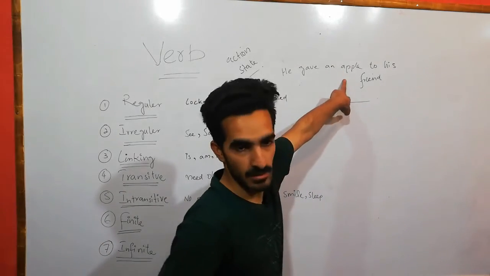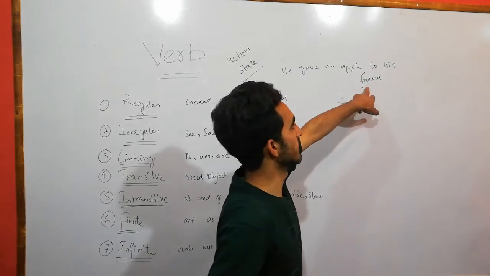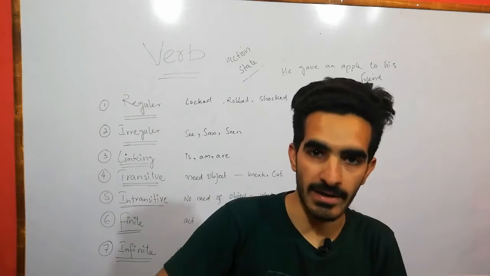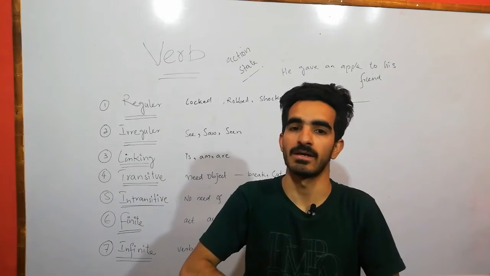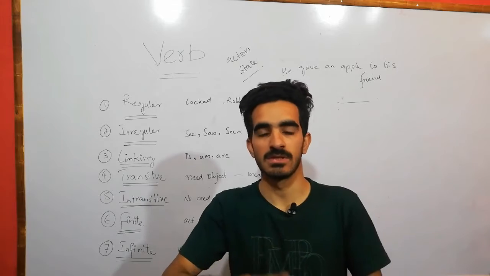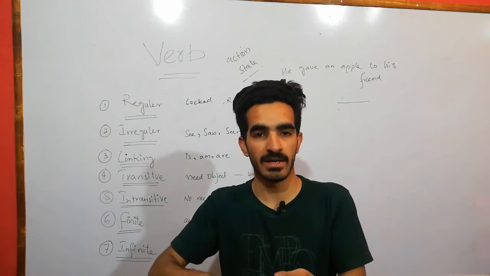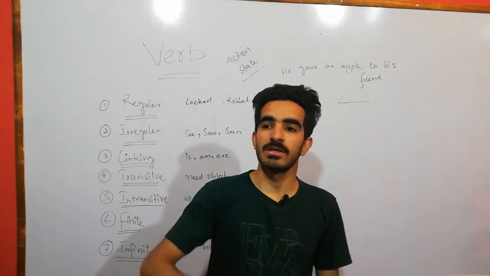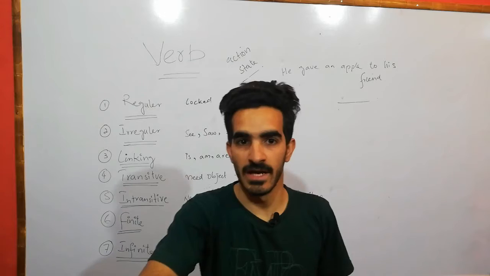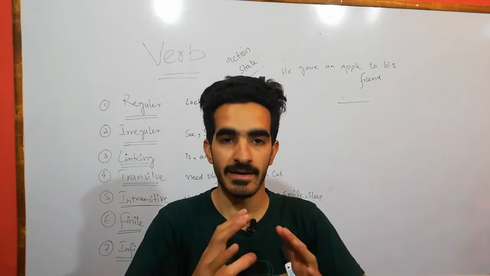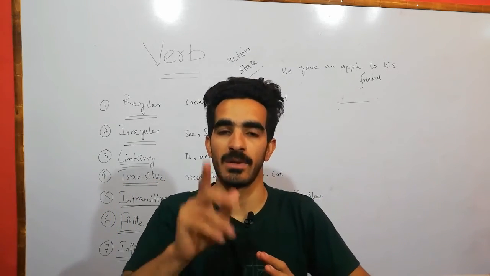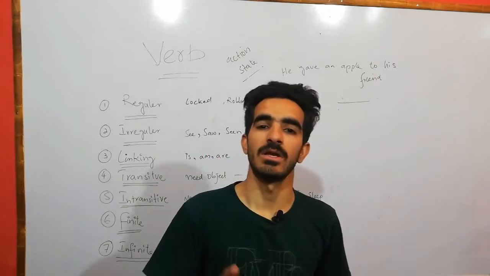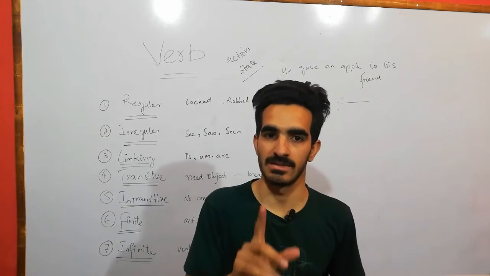Apple is the first object and friend is the other object. You will note that in ditransitive there is a direct and an indirect object. To relate the indirect object and the direct object, it will need a preposition. To is a preposition. It will need a preposition to join these two objects.